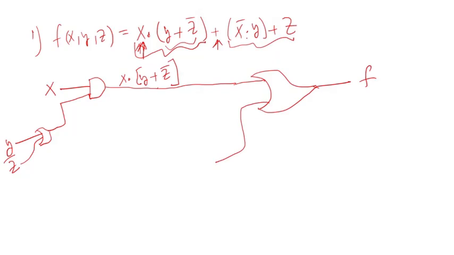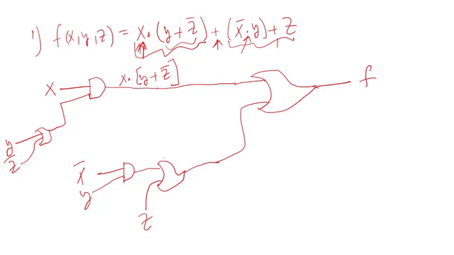Notice here I have another AND operator, so I'm going to draw an AND gate. It has x' and y. Then I have an OR operator, so this is fed into an OR gate with z.